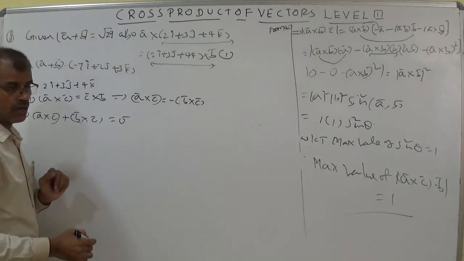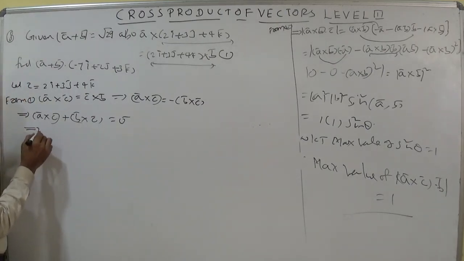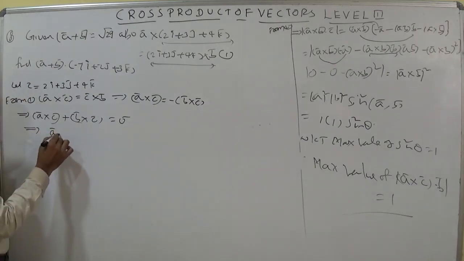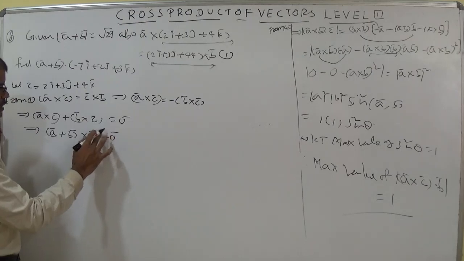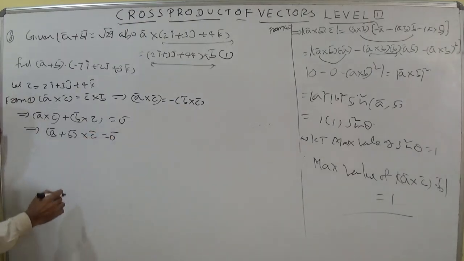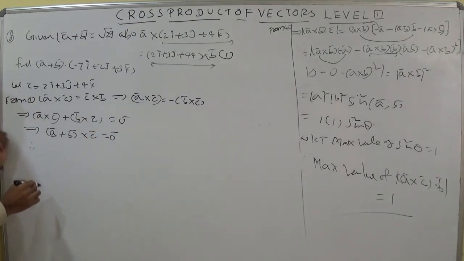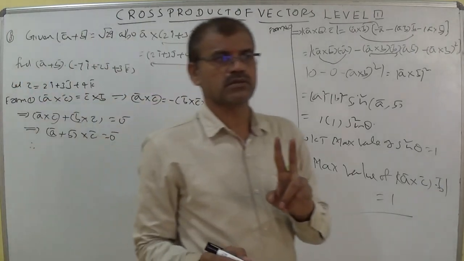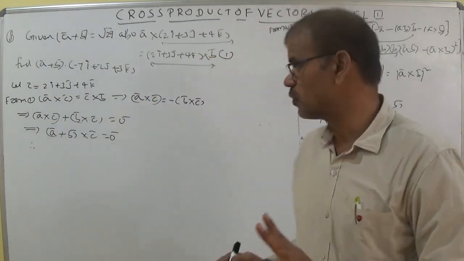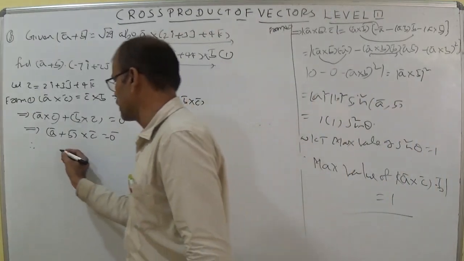This is a null vector. That implies A bar plus B bar cross C bar. Here you can understand that C bar is the second letter. This is a 0 vector. Therefore, whenever the cross product of two vectors is 0, they are said to be parallel vectors.